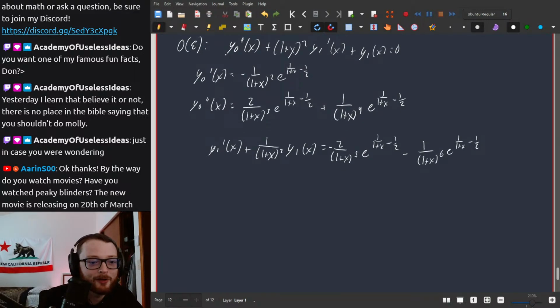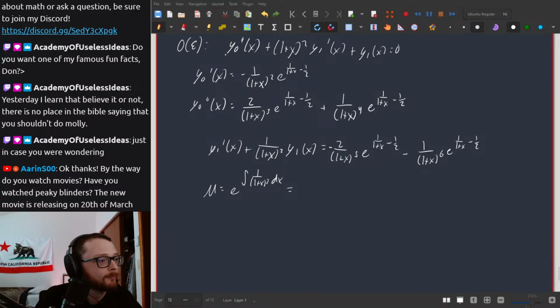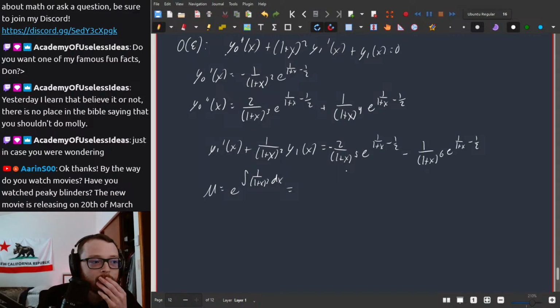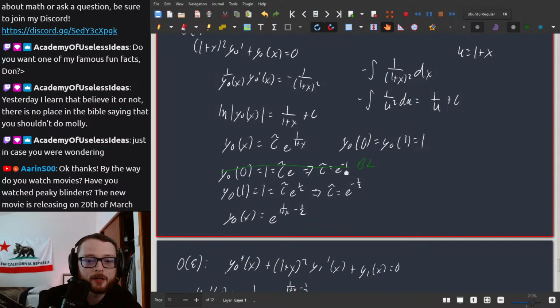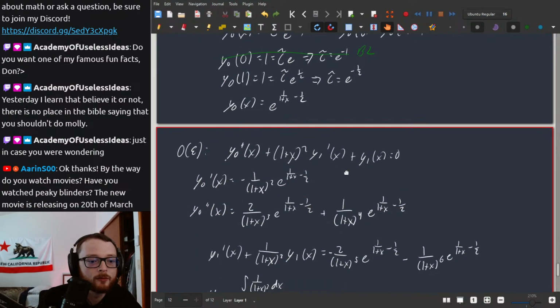All right, I guess this is an integrating factor problem. I already integrated that once, right? I did. 1 over 1 plus x. With a negative sign, though.